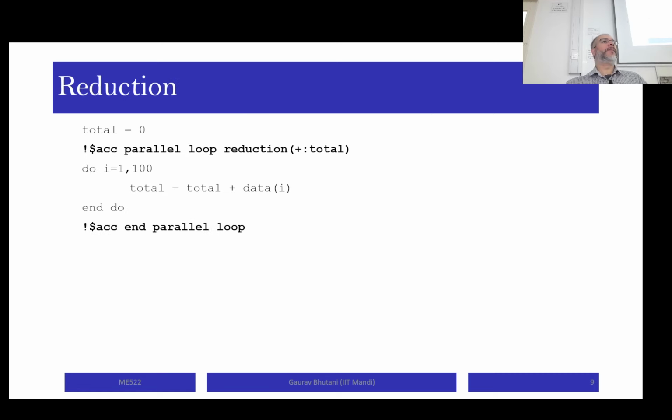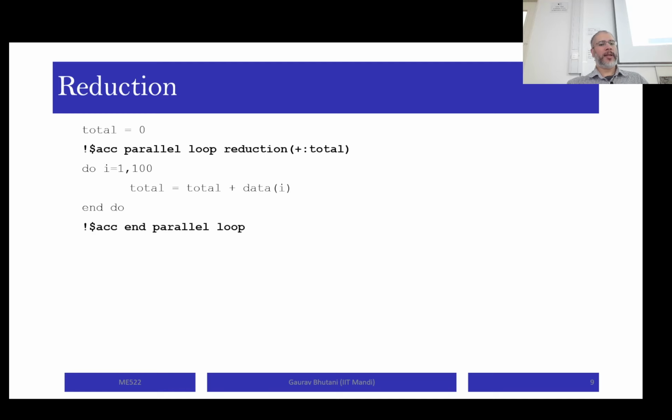Next is reduction. Like in OpenMP we had reduction, we have reduction here as well. Let us look at this loop where you are adding all the elements of a vector called data. If this was serially executed, the total would keep incrementally adding the elements of data.